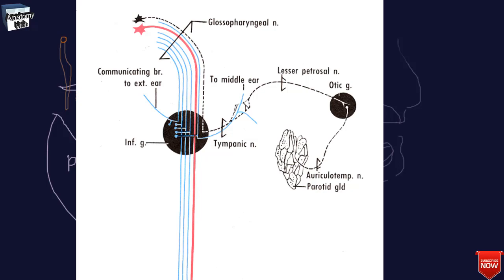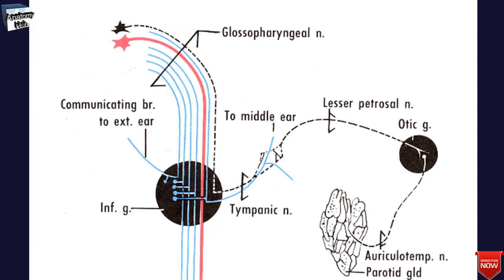The fibers continue as the lesser petrosal nerve and synapse in the otic ganglion, and after synapsing the postganglionic fibers go towards the auriculotemporal nerve to the parotid gland, where they have the secretomotor effect. You have to remember that the facial nerve splits inside the parotid gland into 5 branches, but it is the glossopharyngeal nerve that actually supplies the parotid gland.